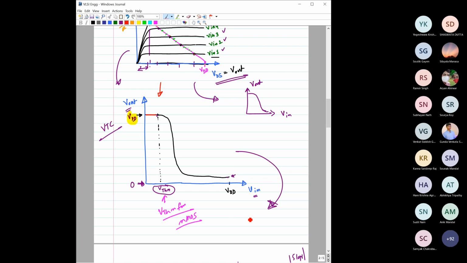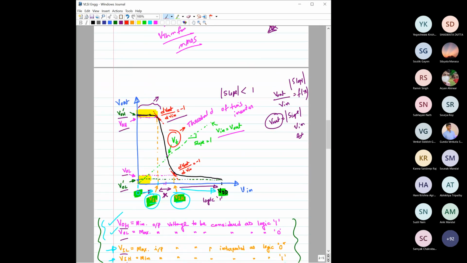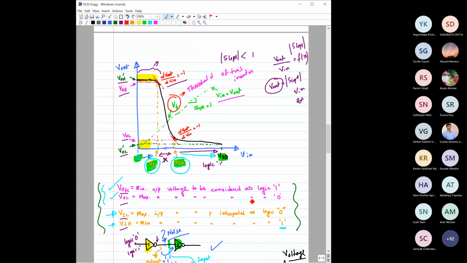Then we took this to the next page and discussed some of the important points. For example, this particular point, the highest value here, we termed VOH, and the minimum point we termed VOL. Obviously this voltage is 0 and this voltage is VDD, because we are switching this gate.